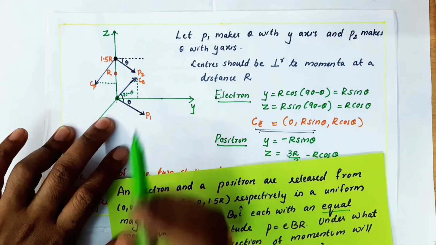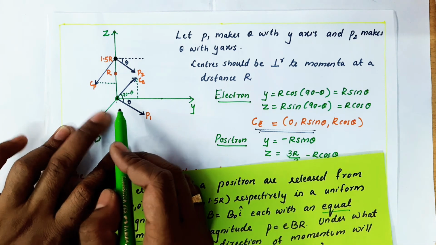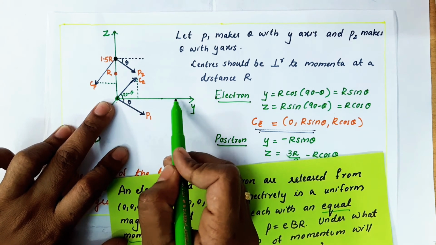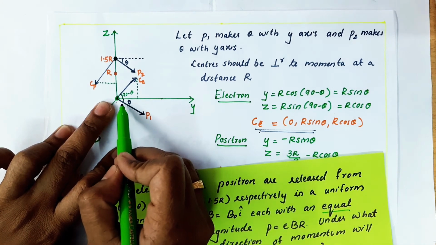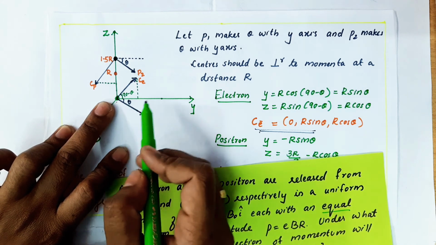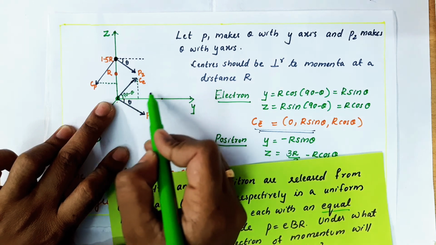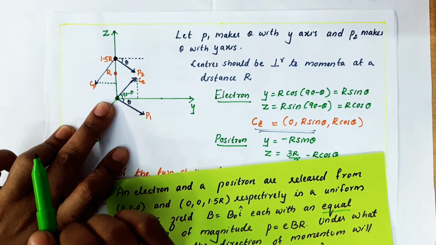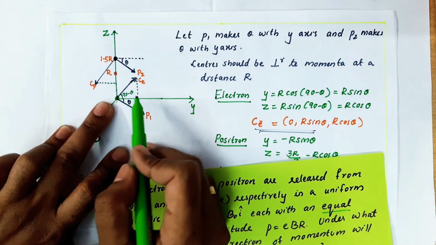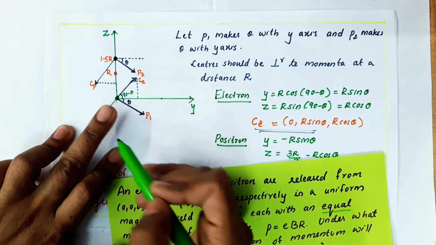They told us the momentum is the same, so I take the momentum making an angle theta with respect to the y-axis. And the particle will move in the YZ plane, because the magnetic field is along the x-axis.